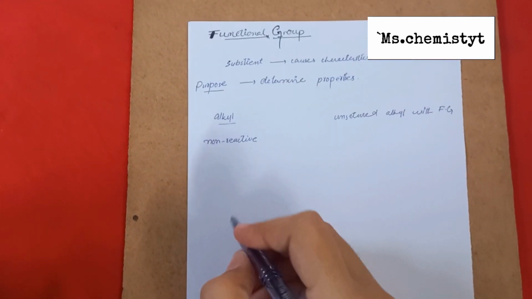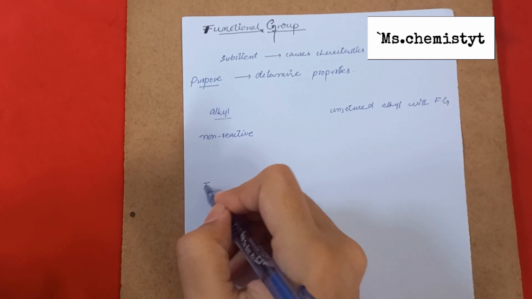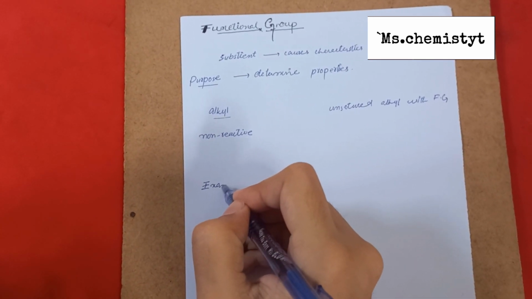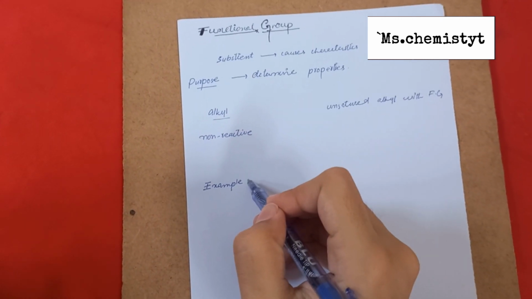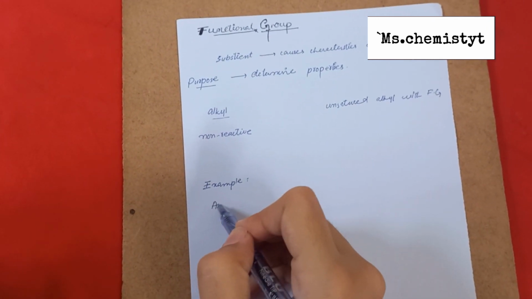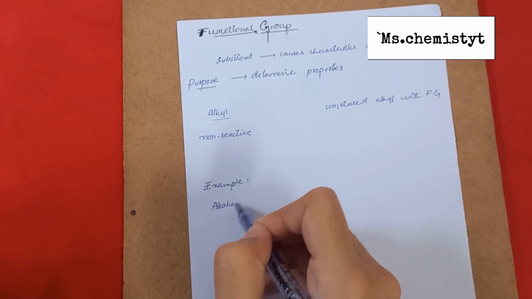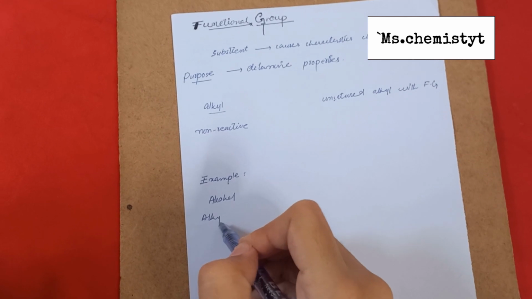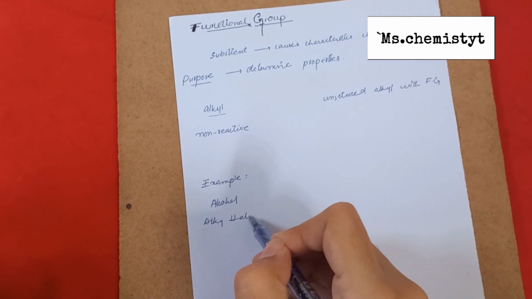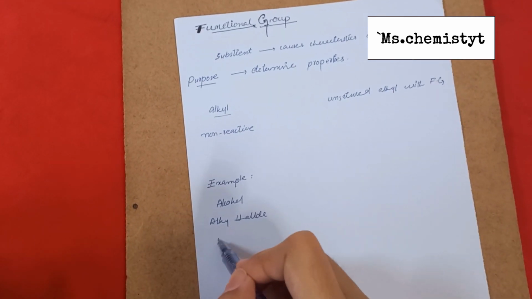Here are some examples of the functional group. I am writing here some examples: alcohol, alkyl halide, aldehyde.